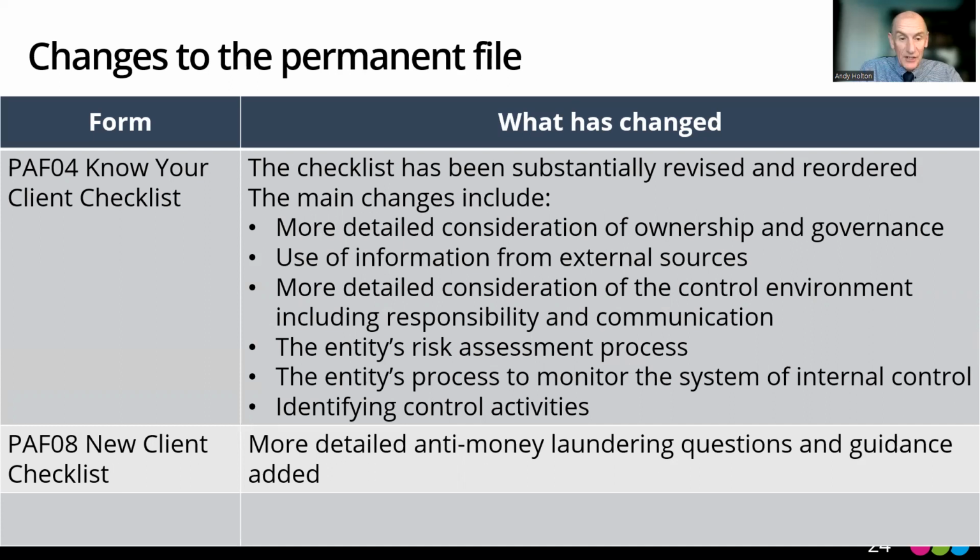Those all were issues that were added to C4, but we've also got more detailed consideration of ownership and governance, and also the use of information from external sources. And a number of sections have been added to deal with those. And then also in the new client checklist on PAF 08, more detailed anti-money laundering questions and guidance have been added to ensure compliance with the AML regime.